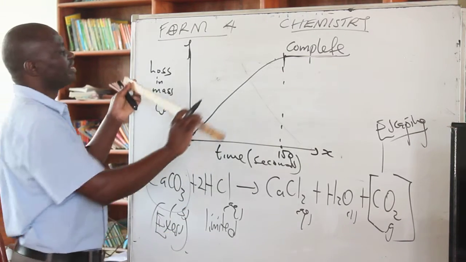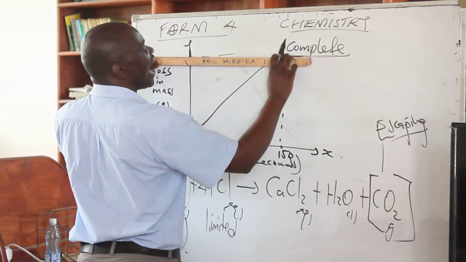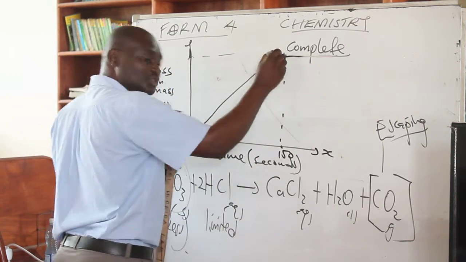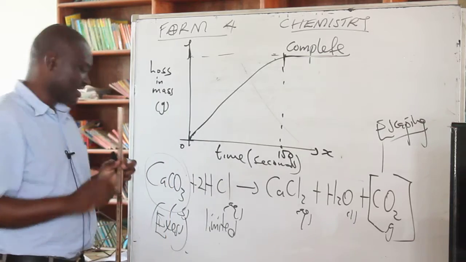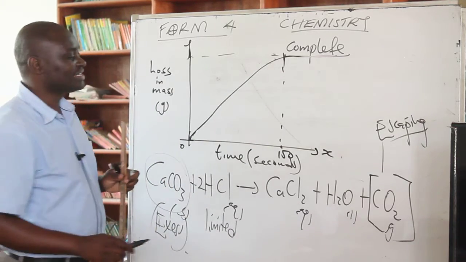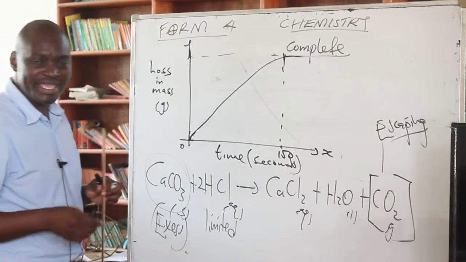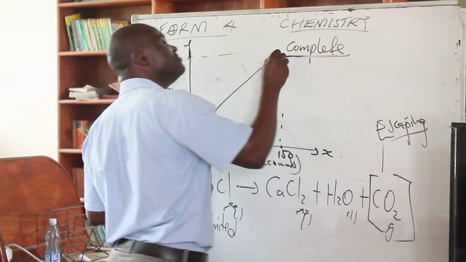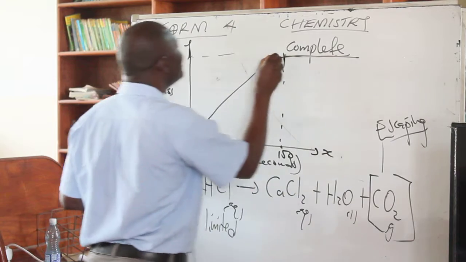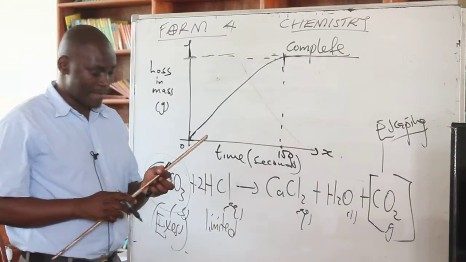So at this point here, the hydrochloric acid had been used completely, and therefore there was no reaction at 150 seconds, and that is why the graph remains constant, meaning there was no change in mass, there was no loss in mass.